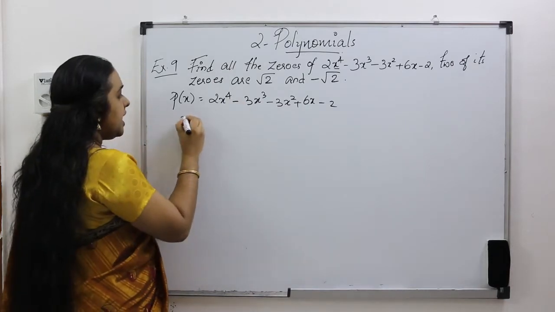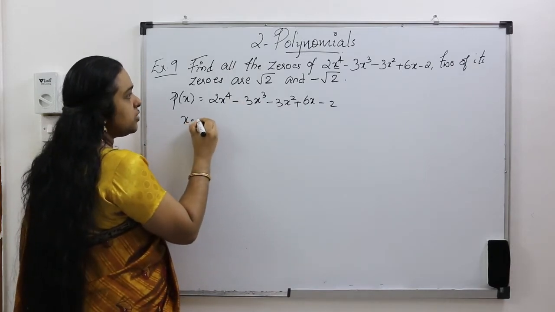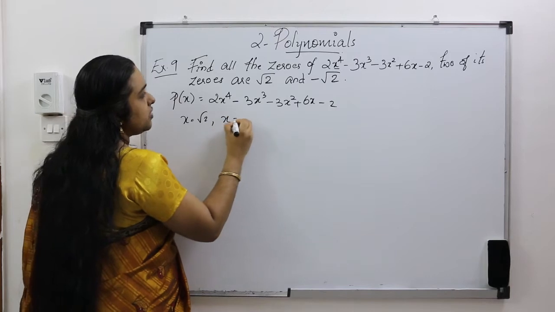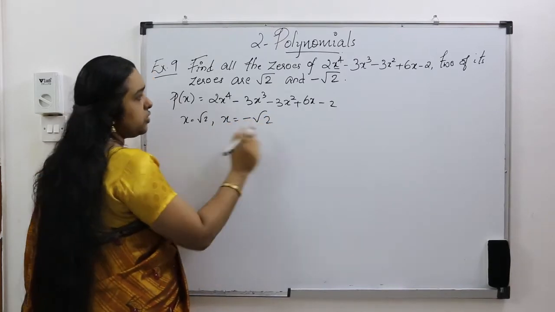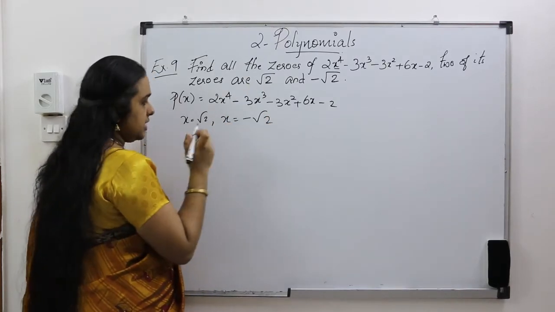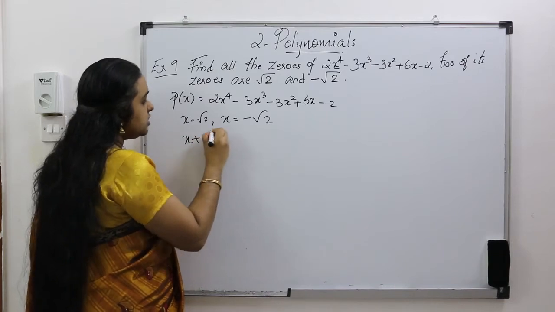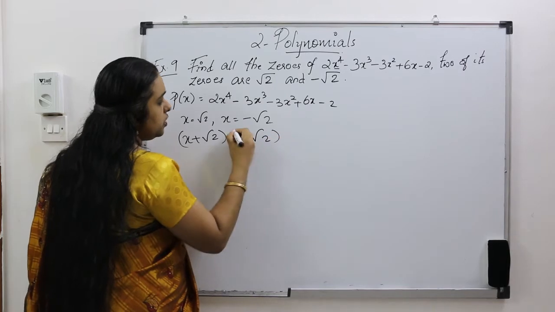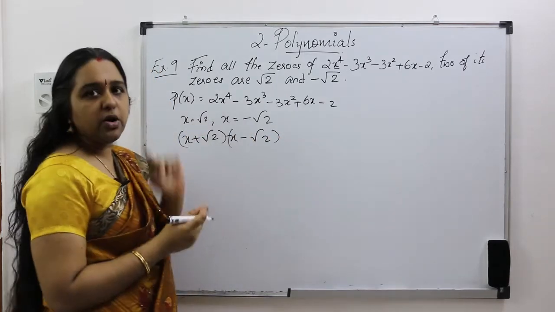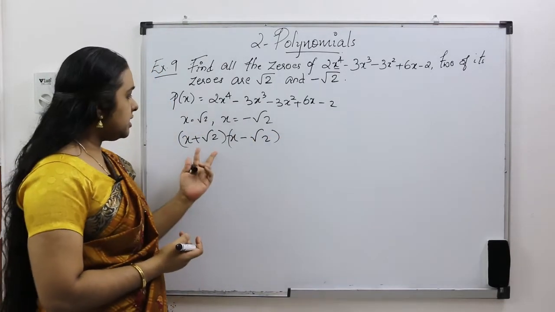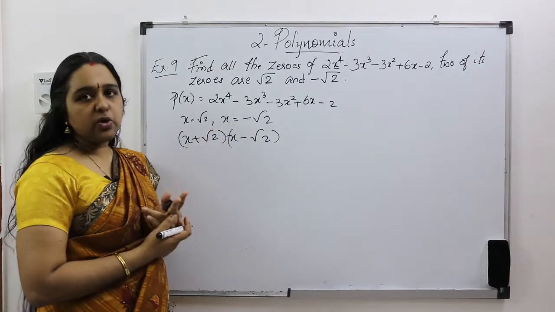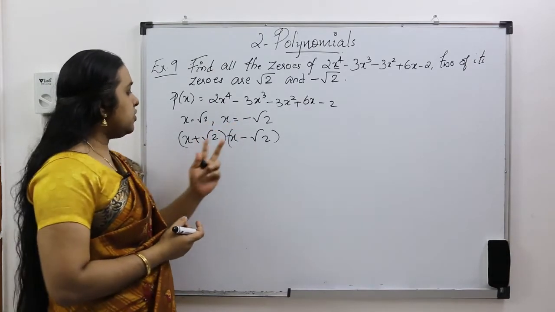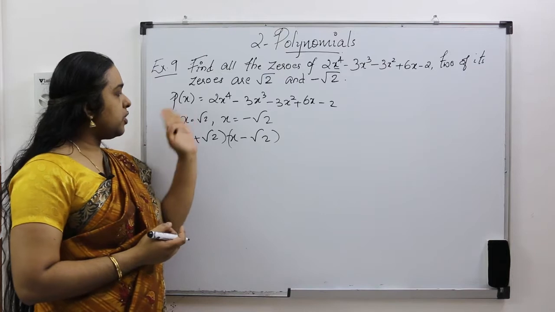That means x equals root 2, x equals minus root 2 are the two zeros given in the question. That means x plus root 2 and x minus root 2 are factors of this polynomial p of x, isn't it?